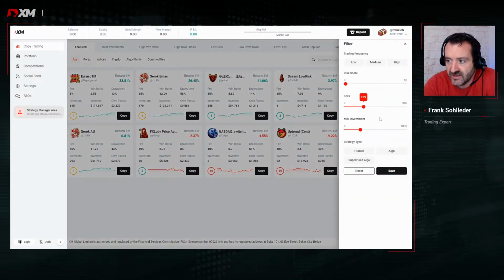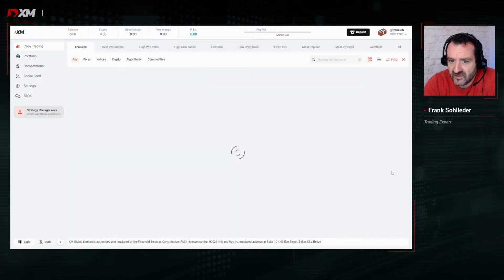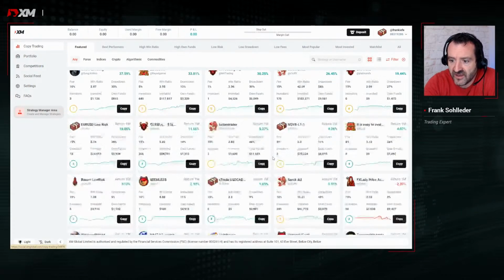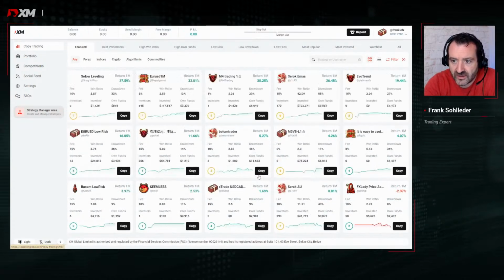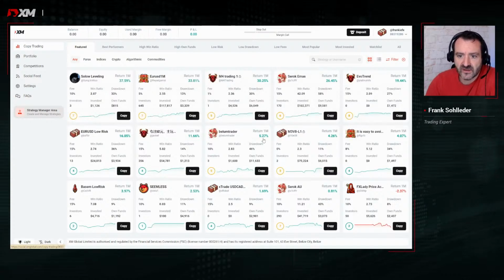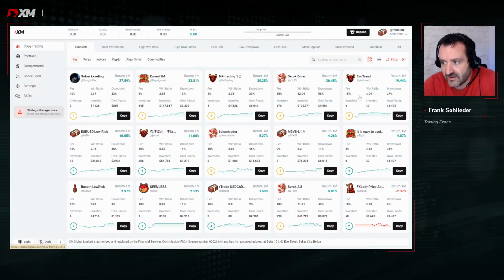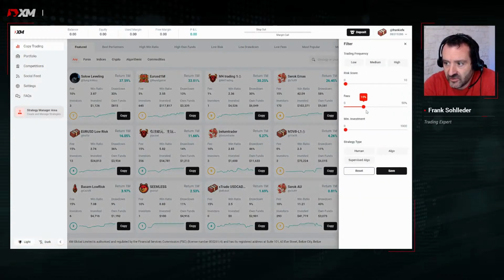So if I'm releasing this filter here to zero, so that it's switched off, we see that we get much more, for example. And you see as well that the percentage fees are also a topic, as traders usually want to have more fees than 15%. So let's go on 250 again and save it.